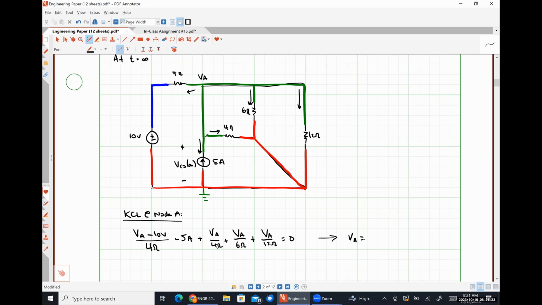So x minus 10 over 4 minus 5 plus x over 4 plus x over 6 plus x over 12 is equal to 0. I'm just going to put a guess value of 0, solve for x. Calculator is thinking about things. Yep.